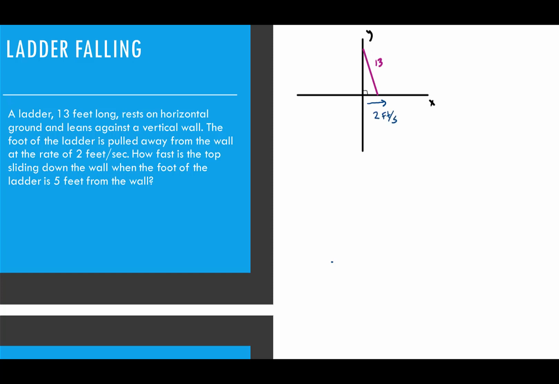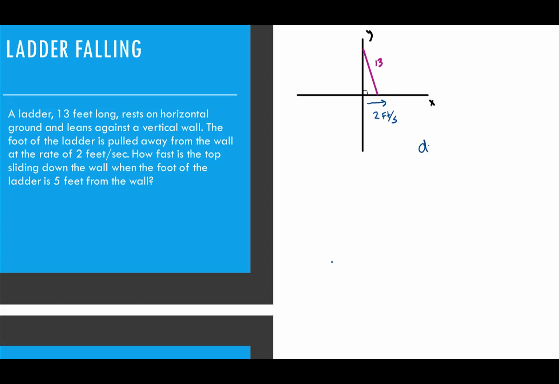I think that's a change in x. That looks like a change in x, how fast. When we're talking about a derivative, it's the change in something. Right now we're talking about, well, what's the change in our x value with respect to time? And that's 2 feet per second. So let's write this down.